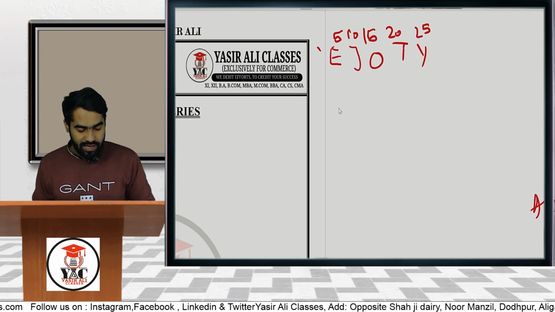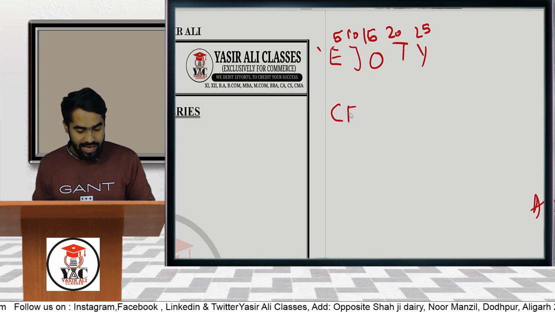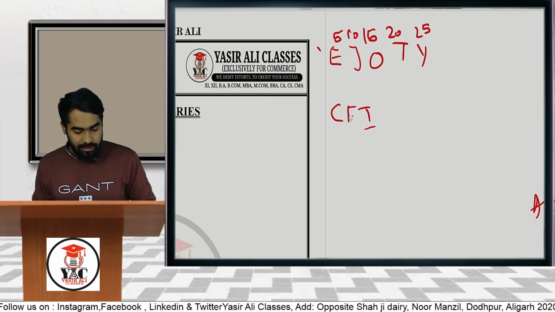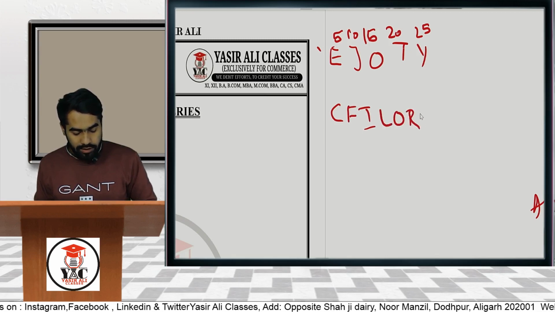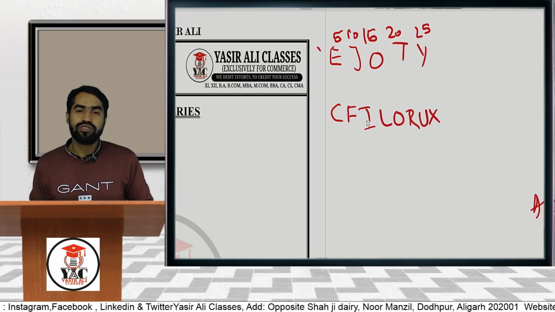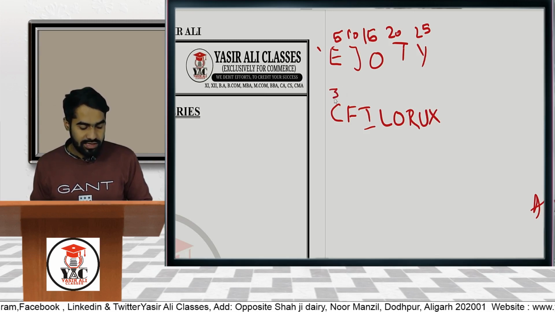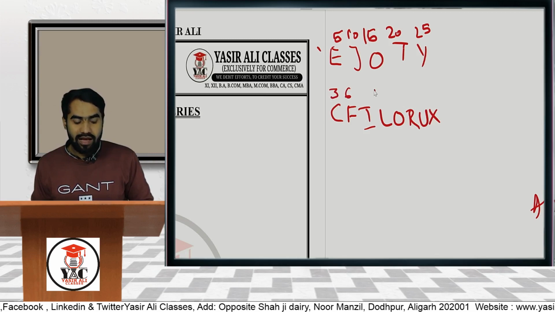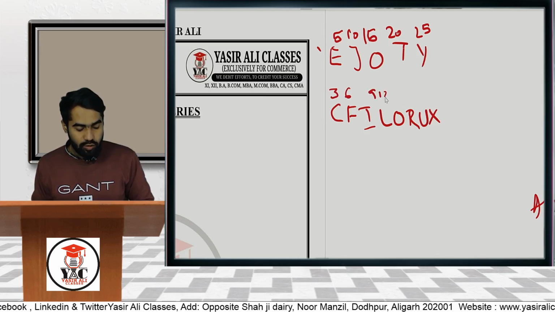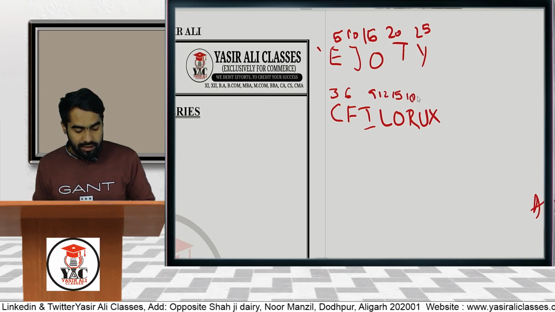Similarly, we have used another word, that is CFILORUX. If you see this CFILORUX, it is a table of 3, which is C3, F6, I9, L12, O15, R18, U21 and X24.